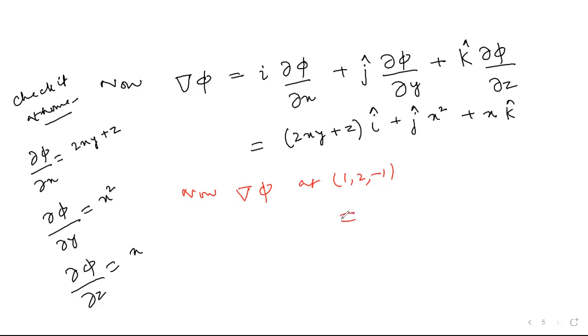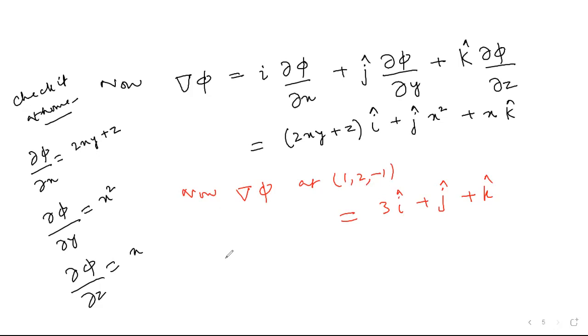When you do this, you will get 3i cap plus j cap plus k cap. That means del phi at this given point 1, 2, minus 1 is 3i cap plus j cap plus k cap. Now the final step, we have to find the directional derivative in the direction of vector A.